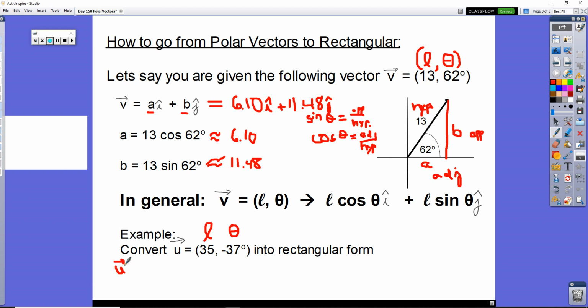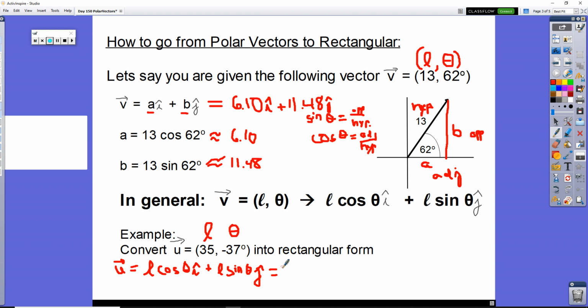U, following our plan that we laid out above, is going to be equal to L times the cosine of the angle in the i direction plus L times the sine of the angle in the j direction.